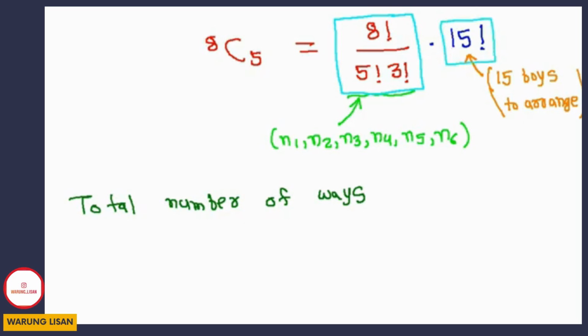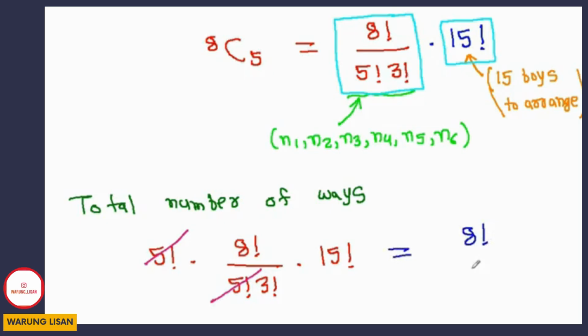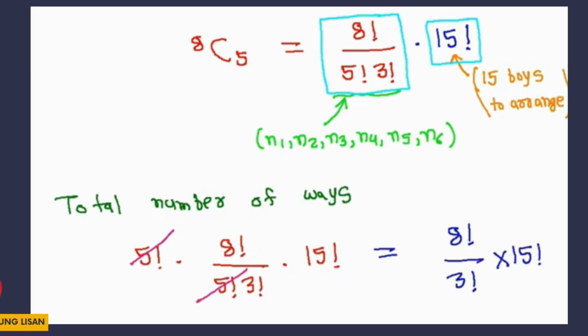So here it will be 5 factorial into 8 factorial by 5 factorial into 3 factorial into 15 factorial. So this 5 factorial and 5 factorial will get cancelled, and we get 8 factorial by 3 factorial into 15 factorial.